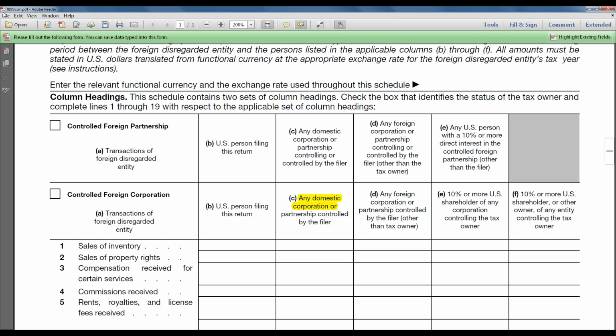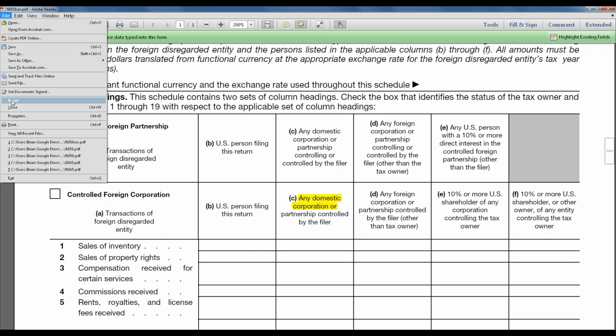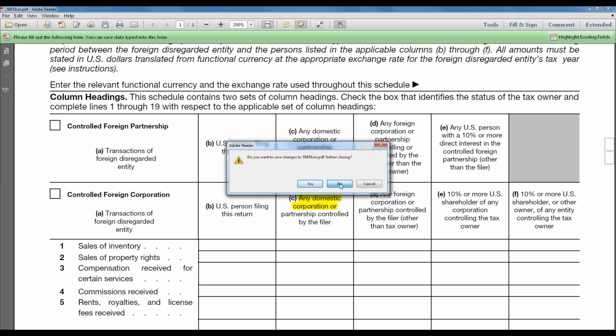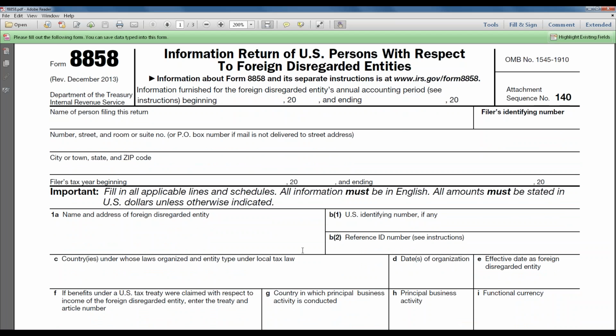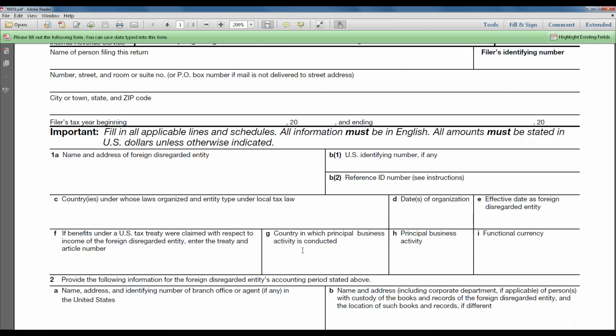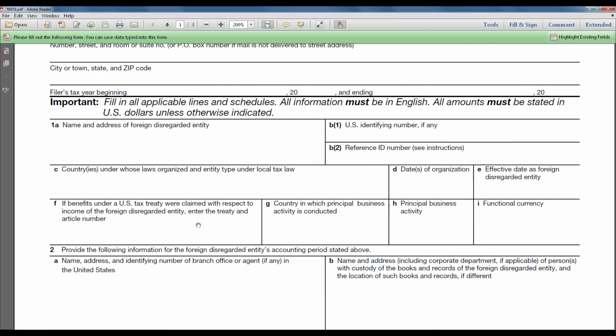So now let's get to the form itself. Form, pretty much what you would expect. If you've seen it before, there are not going to be any changes to this for the C1 schedule. Tax treaty, always important.